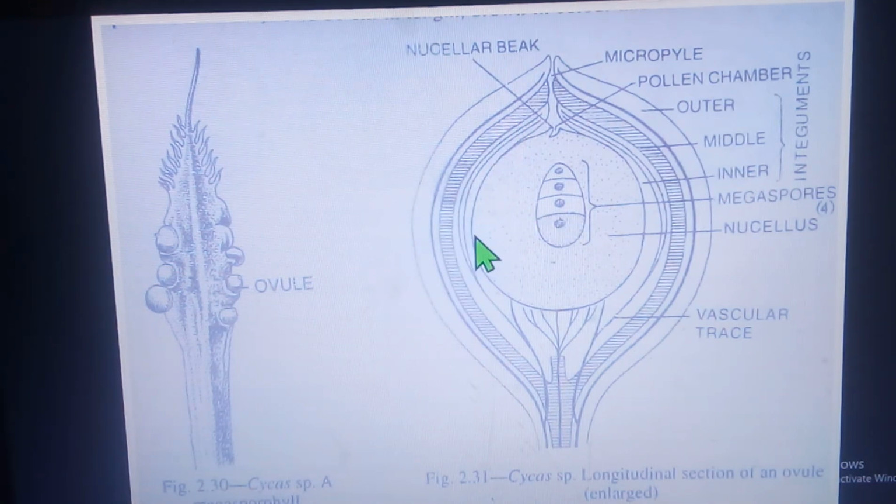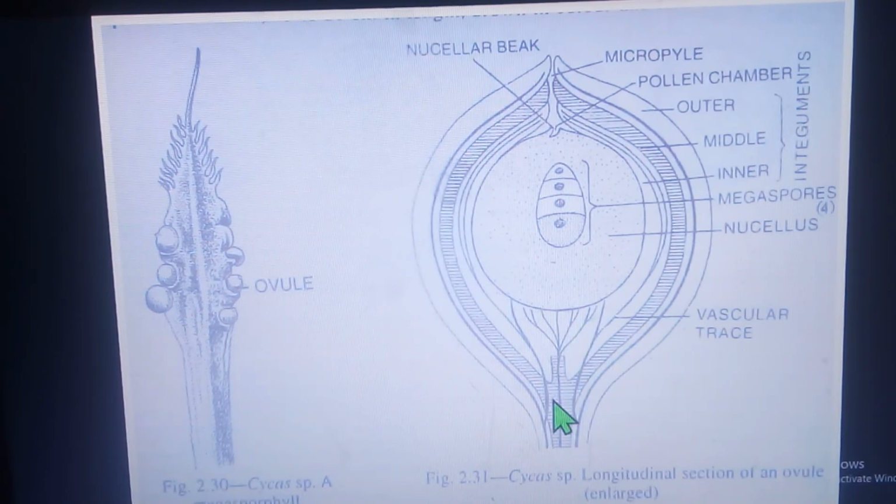Now regarding the vascular supply of the ovule, only 2 vascular bundles will enter from the Megasporophyll into the ovules. Remember, there are many vascular bundles in the Megasporophyll, but only 2 vascular strands enter.